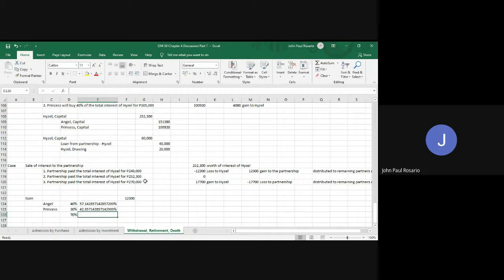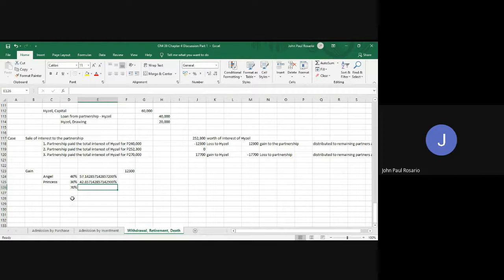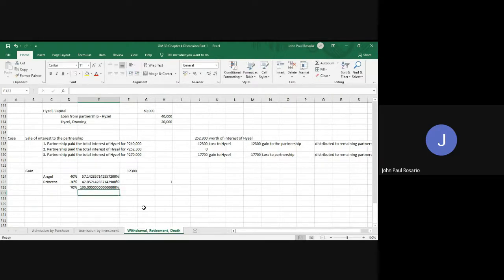Kung i-add mo, di ba before katong naa pa si Hazel, 0.40 plus 0.30 plus 0.30 over 100%. So kani siya guys, kung imo na siyang i-add, total 100%. Okay?